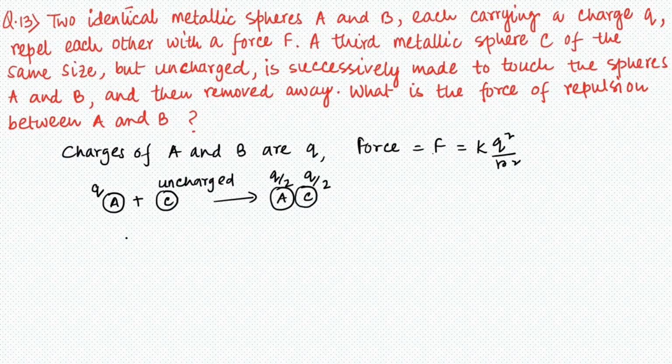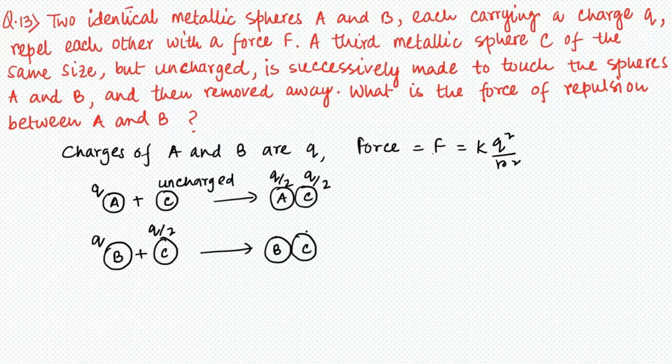So that time the charge of A would be Q by 2 and the charge of C would be Q by 2. And then here we have B sphere, charge of B is Q, and this time the charge of C is Q by 2. And then they are made to contact with each other. So this time also they will share equal charges.